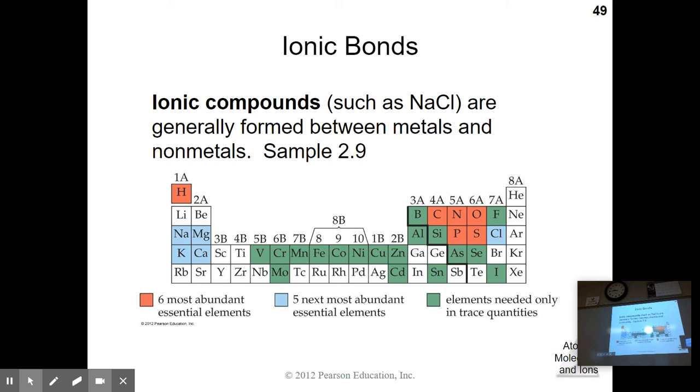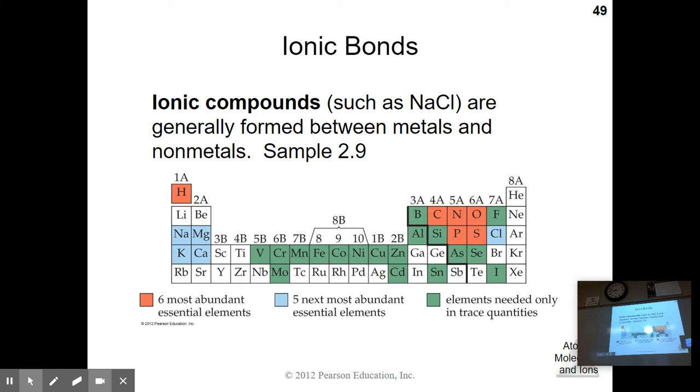Now, a prime example: NaCl, sodium chloride, also known as table salt. Sodium has a what charge? Can you find sodium on the table? Number 11. What side is it on? The left. And the left side typically has what type of elements?